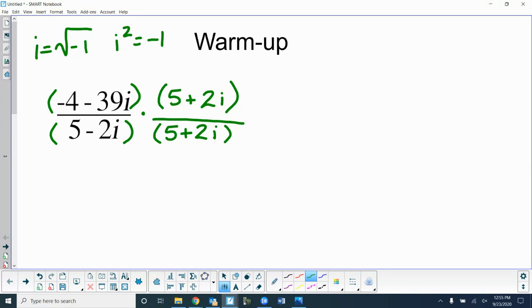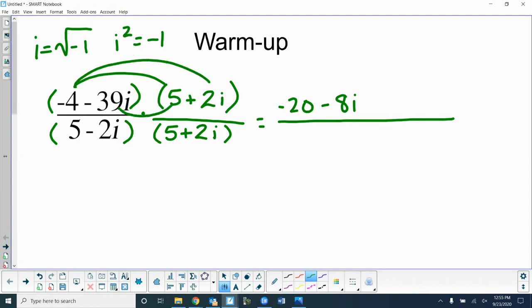Okay, so anyway, we're going to FOIL the top, the numerator, and the bottom, the denominator. And the top is -4 times 5, -20. And -4 times 2i is -8i for the outside. Right, first, outside.